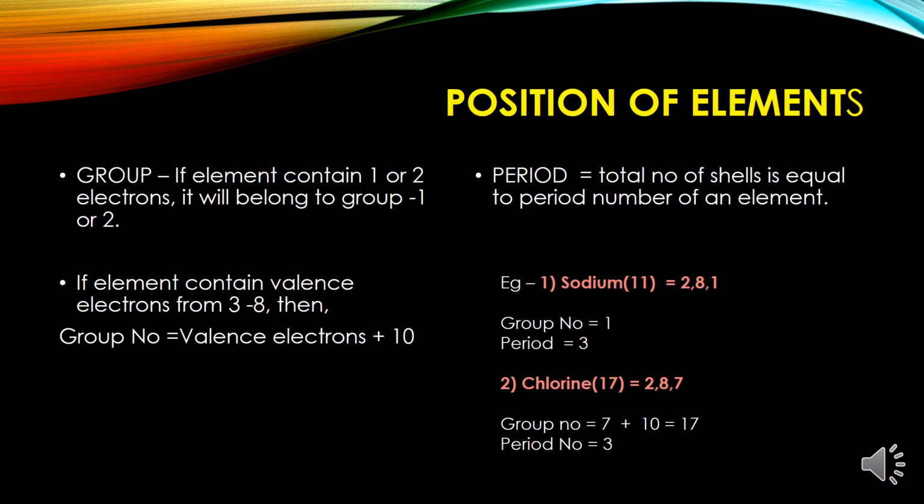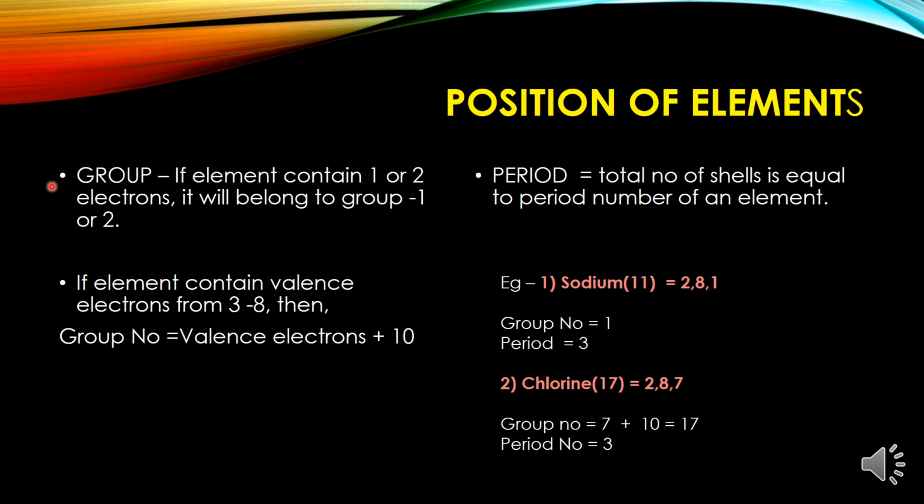Now children, if any atomic number is given to us, how do we find out where this particular element is situated in the modern periodic table? That means after being given one atomic number, how do we define the group number and the period number of this element?